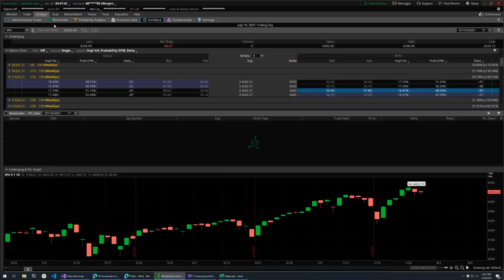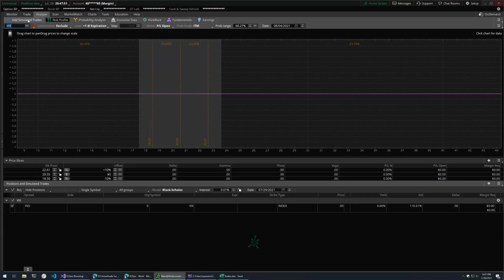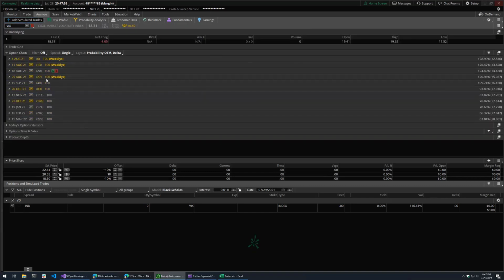All right, and then last but not least, volatility products. There's a couple different volatility products out there. If I were to take a look at the VIX here, you can actually trade the options on the VIX. I have some options here in the August expiration. Let's just start here.